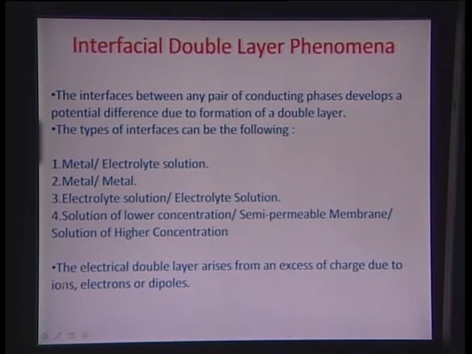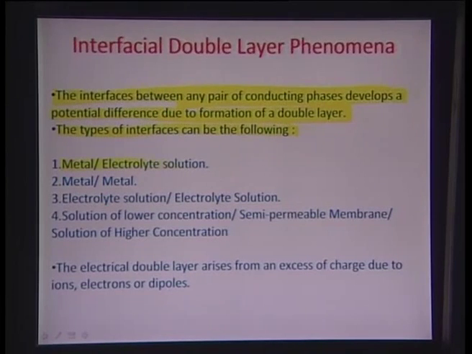At the interface between any pair of conducting phases, there always develops a potential difference due to the formation of this double layer. We have been talking off and on about what the double layer is in our earlier electrochemistry lessons.